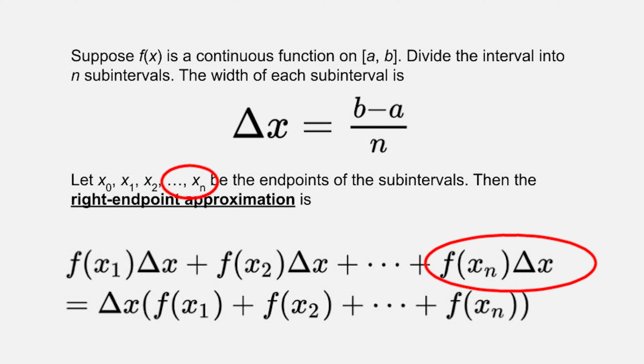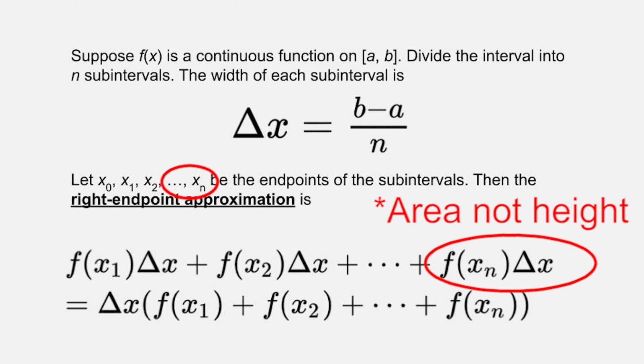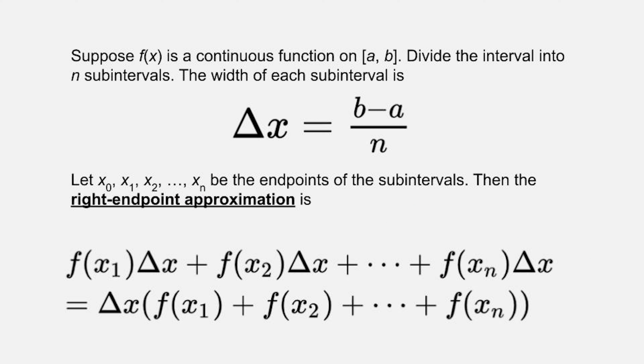So the very last rectangle would have a height of f of xn times delta x. So this is very similar to the left endpoint approximation, just the endpoints that we're using are slightly different. But once again, with any continuous function on a closed interval from a to b, with any number of rectangles that you want, this formula here will give you the right endpoint approximation.